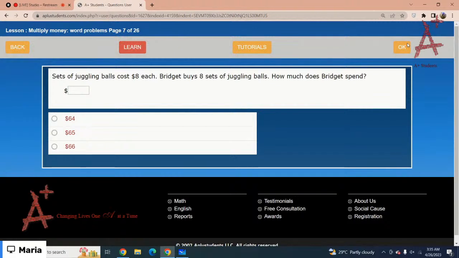So which is the correct option? 8 times 8 is $64. That means the total amount she spent is $64. Got it?